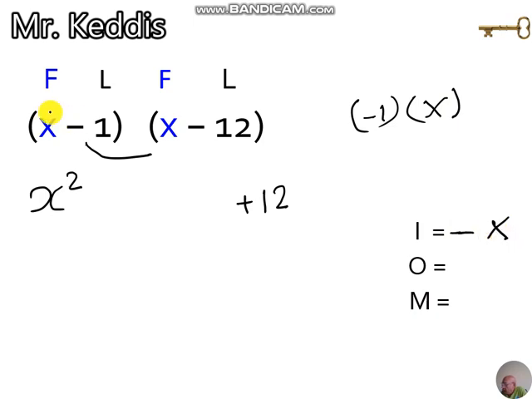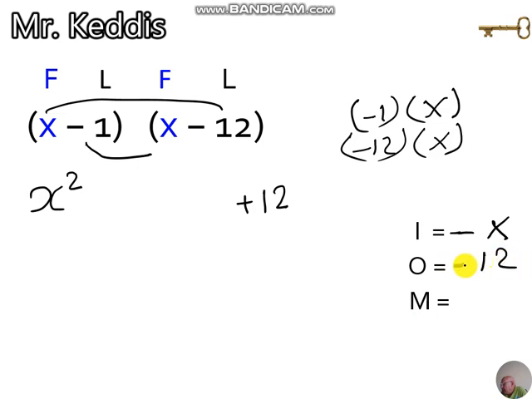And the product of the outer terms, which is negative 12 times positive x. Negative times positive, I get negative 12x. Both signs are negative, means the sign stays negative, and I add 1x and 12x, I get 13x. Means the middle term is negative 13x.